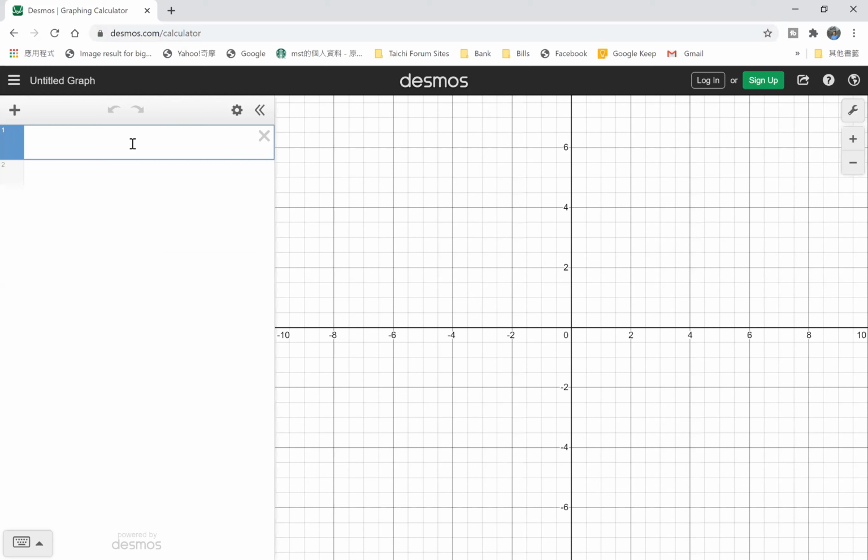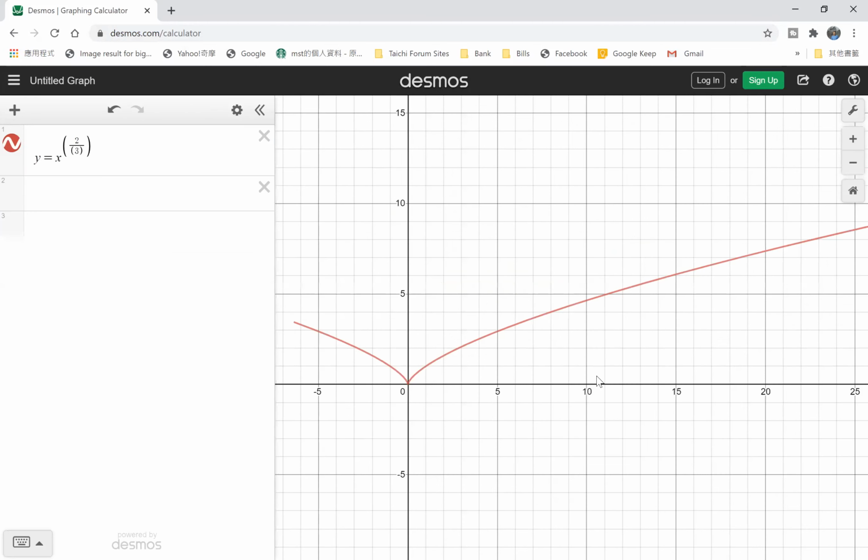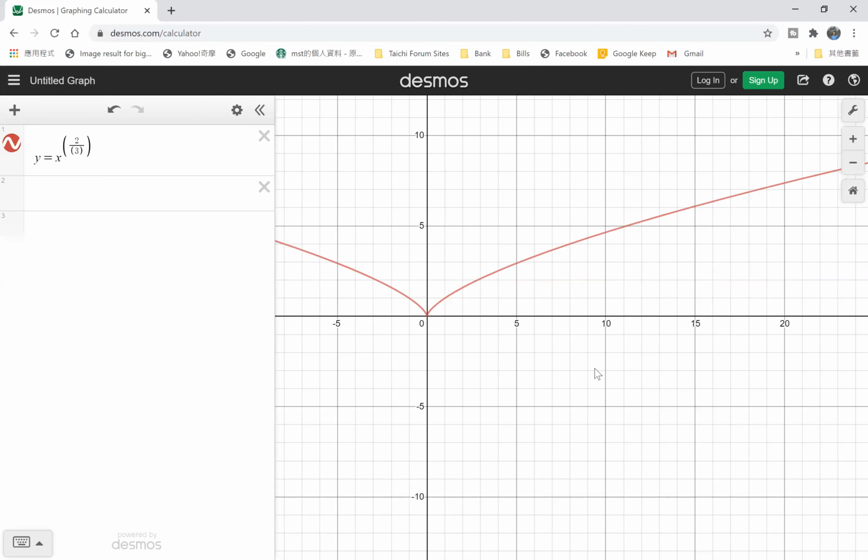So the function that we have is x to the 2/3. There you go. Can you all see the graph now? Jesse, can you see it? Yep.